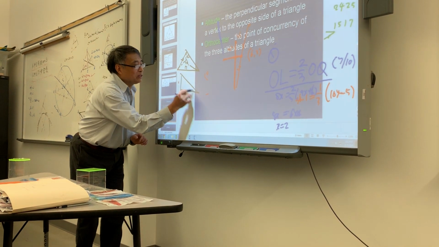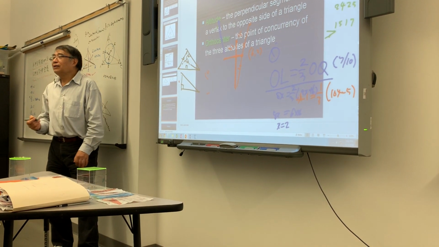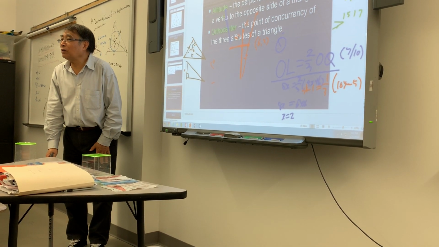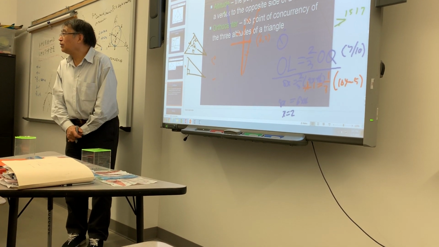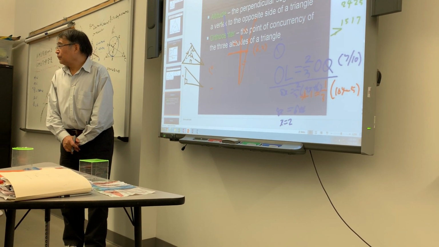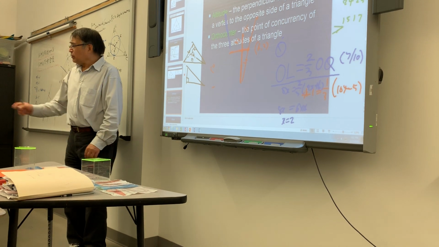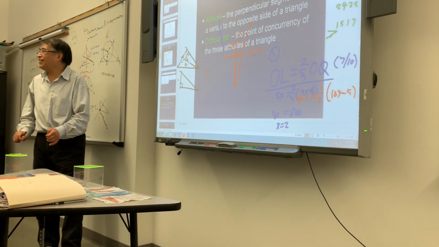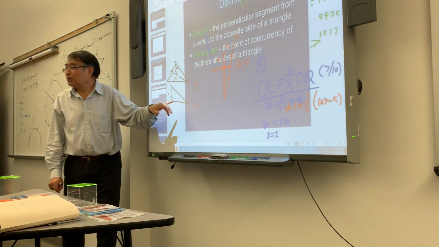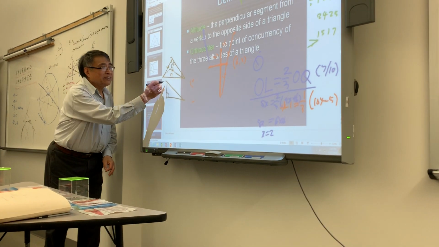Now if the triangle is a right triangle, who can tell me where the intersect point of the 3 heights is? Who can tell me? We have a right triangle. This is a height.